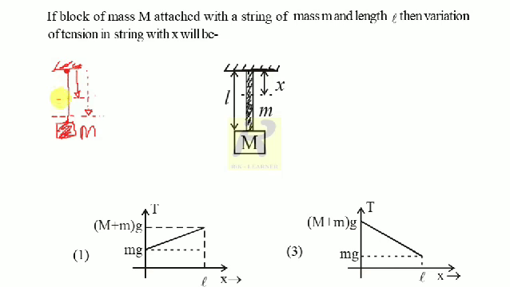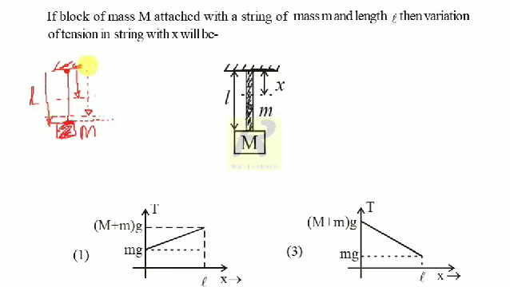So when you go down, the tension in the rope reduces gradually, and when you reach this point, this corresponds to a total length L measured from the top to this point.